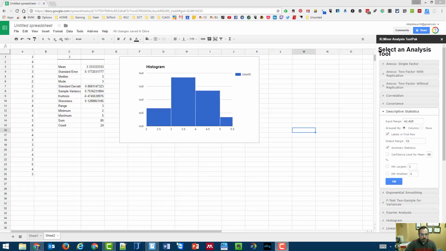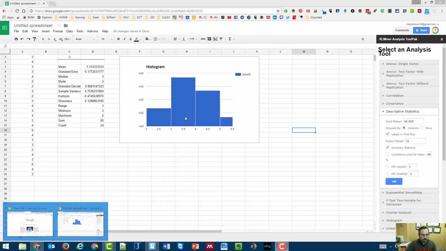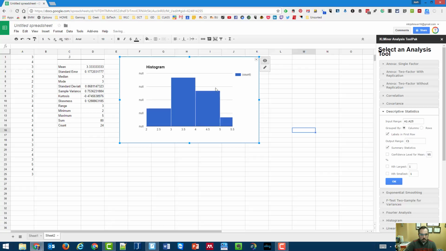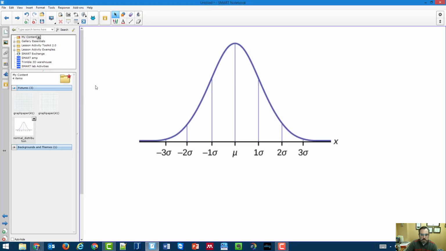Remember, the score is only 1 to 5. What I'm looking at here is that about 11 of you have decided you're somewhere between 3 and 4 as how good at math you are. And that's awesome.